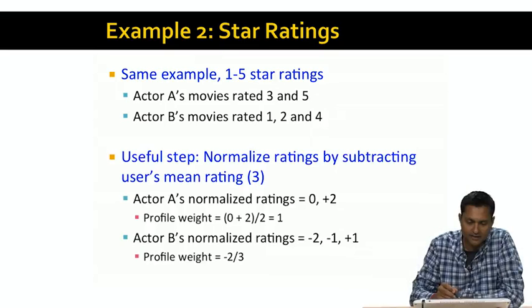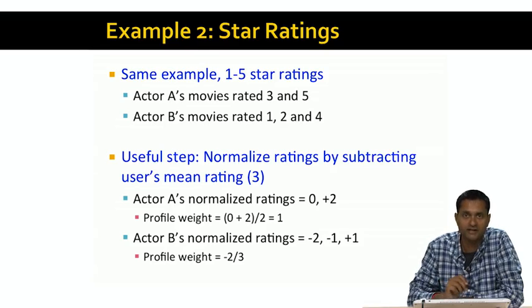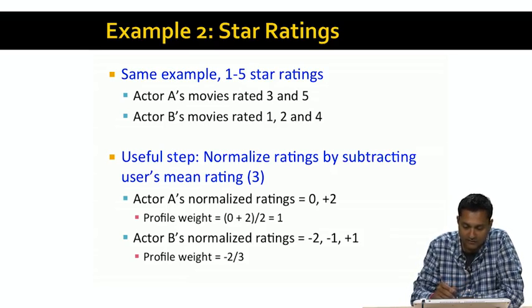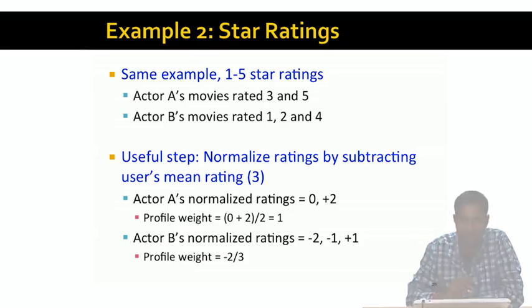So in this case, this user's average rating is a 3. If you average all the 5 ratings that the user has provided, the average rating is a 3. And so what we're going to do is to subtract the average rating from each of the individual movie ratings. So in this case, the movies with actor A, the normalized ratings, instead of 3 and 5, become 0 and +2.